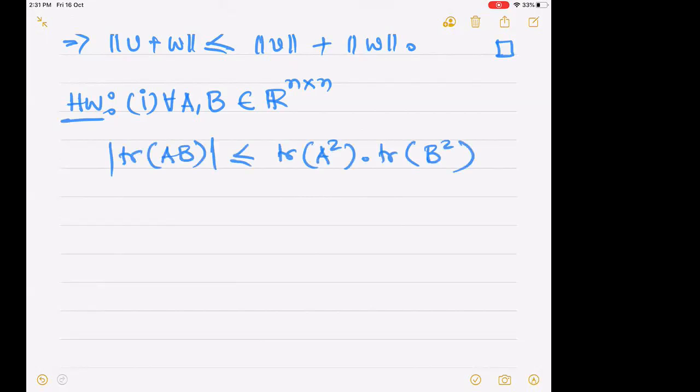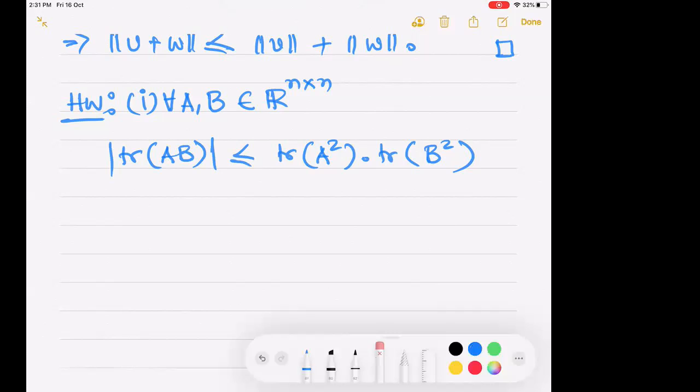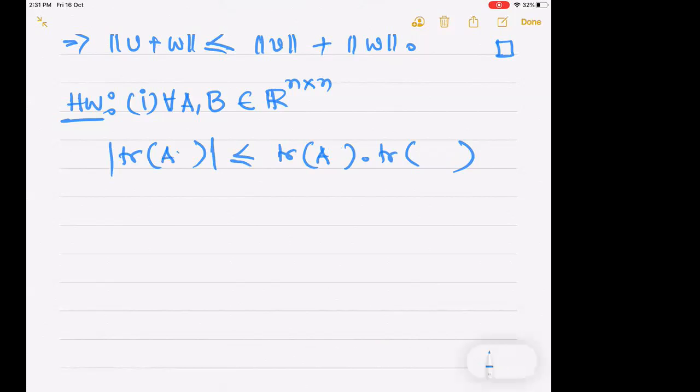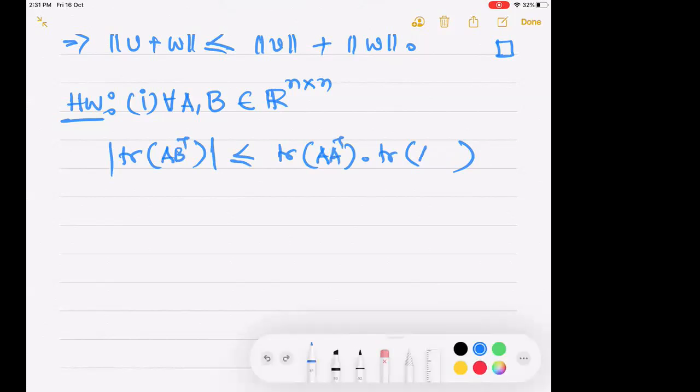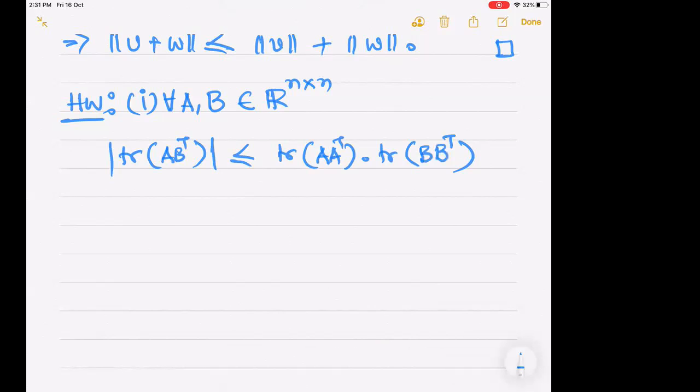If you feel uncomfortable, okay, let me make it easier. Then you can prove this one. Let me make it easier: trace of AB transpose, AA transpose, BB transpose. Looks not very easy, but you can prove this using the Cauchy-Schwarz inequality.